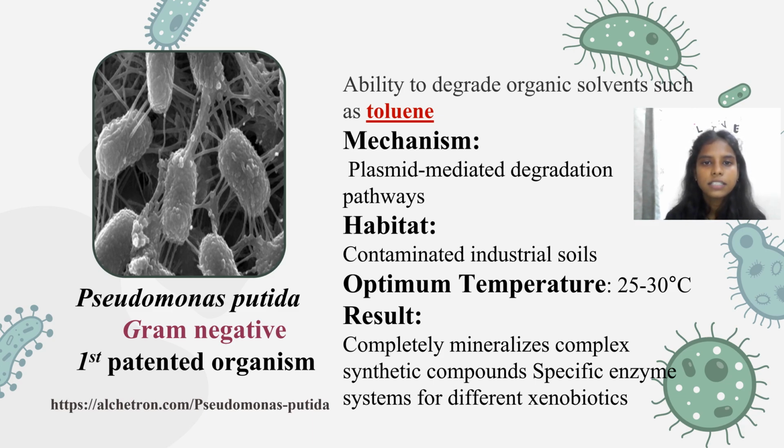These specialized genetic elements allow the bacterium to produce the necessary enzyme systems to completely mineralize complex synthetic compounds. Pseudomonas putida is commonly found in contaminated industrial soil environments, and it thrives in the optimal temperature range of 25 to 30 degrees centigrade, which supports its efficient xenobiotic degradation capabilities.